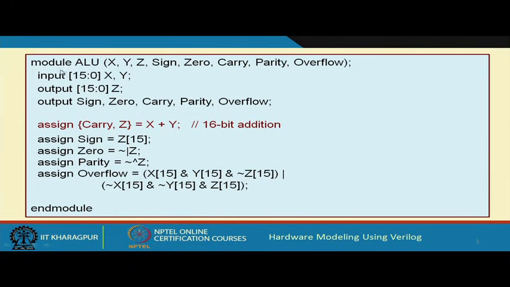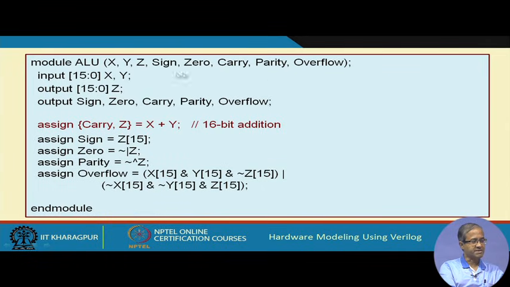You see what the parameters are? The name of the module is ALU, x, y, z; x and y are the inputs. Let us assume they are 16-bit numbers, 0 to 15, z is the output, and these are the 5 flags: sign, 0, carry, parity and overflow.